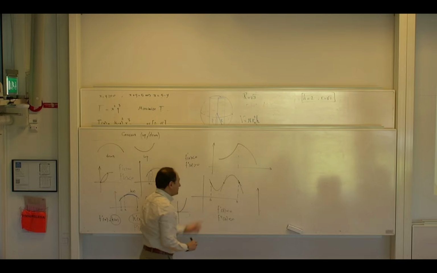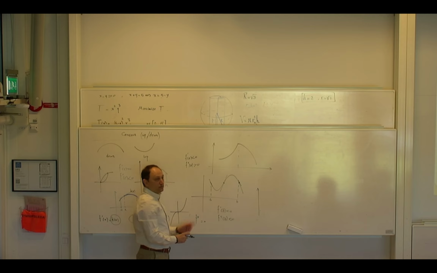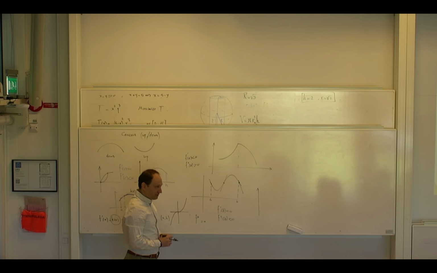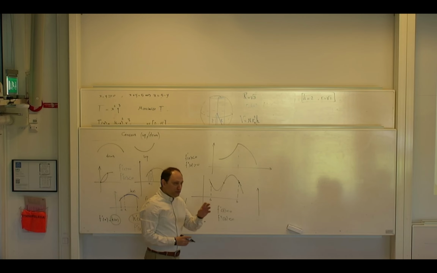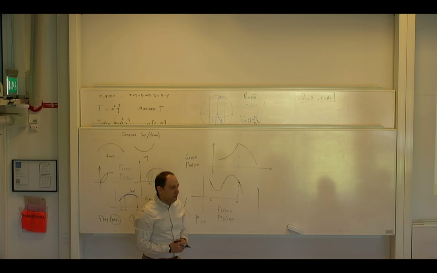So if you want to find inflection points, what do you need to do? You need to calculate the second derivative and put it equal to 0, and you get a bunch of candidates. And also the points where the second derivative does not exist. Okay? And then you get a bunch of candidates, and then you need to determine which one is the true inflection point. How do you do that?